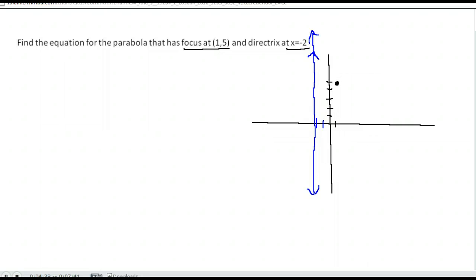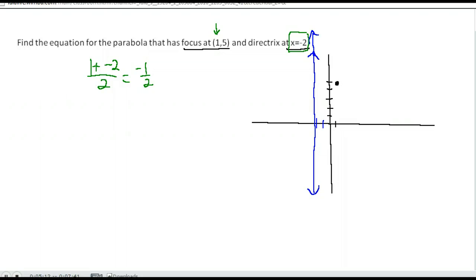Now notice that the vertex has to be right in between those 2. So somewhere in here, we want to know exactly where that is. So notice we can find the middle by taking our directrix was x equals -2, and in our focus point, our x was 1. So let's find the middle of 1 and -2. So we add them and divide by 2, just like finding an average. So 1 plus negative 2 is negative 1, over 2.